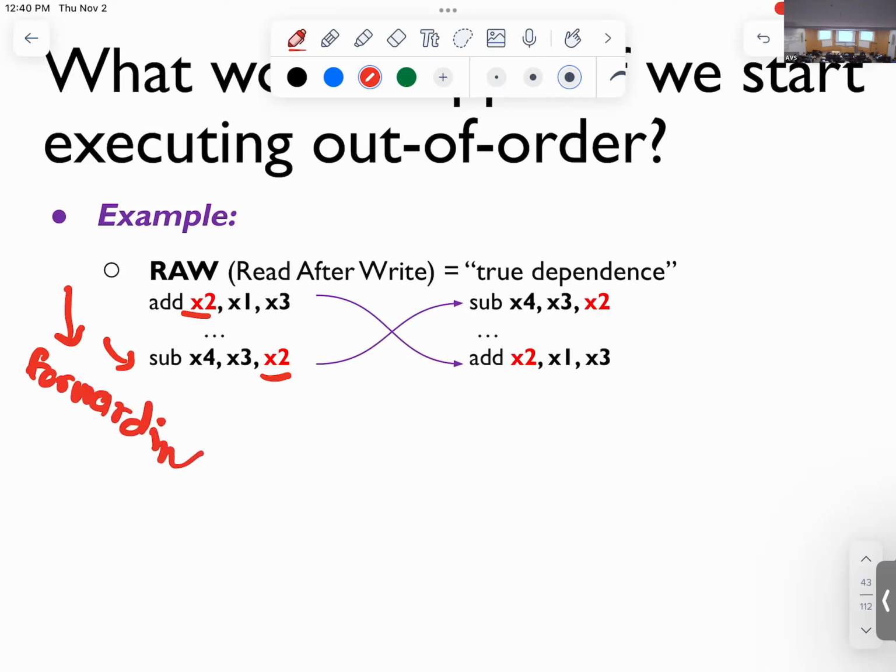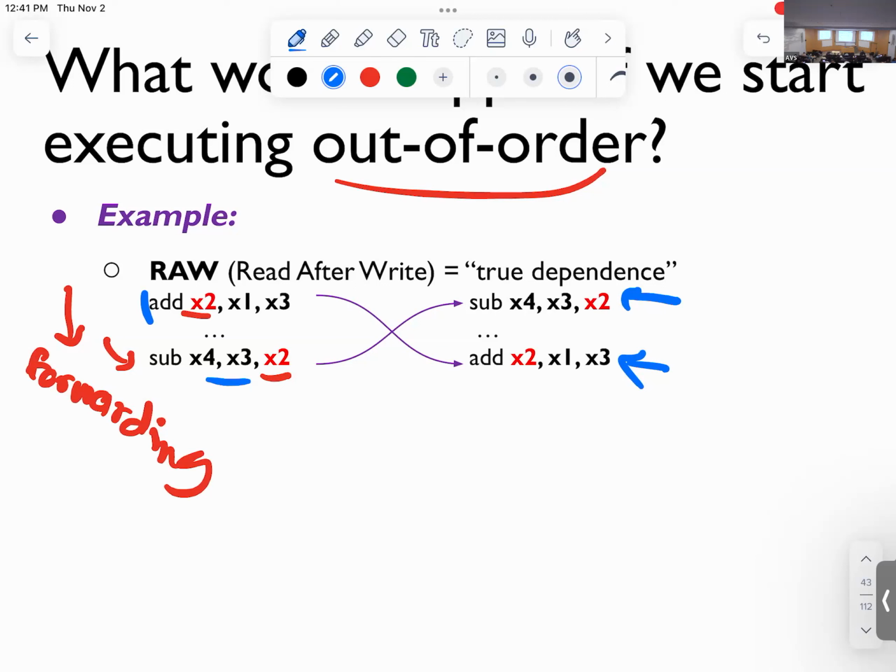But now think about out of order execution, okay? In out of order execution, there is a possibility that you run this instruction even before this instruction. So if I run sub before this add, do you think forwarding would help? Anybody think that forwarding will help in this scenario as well? No one.